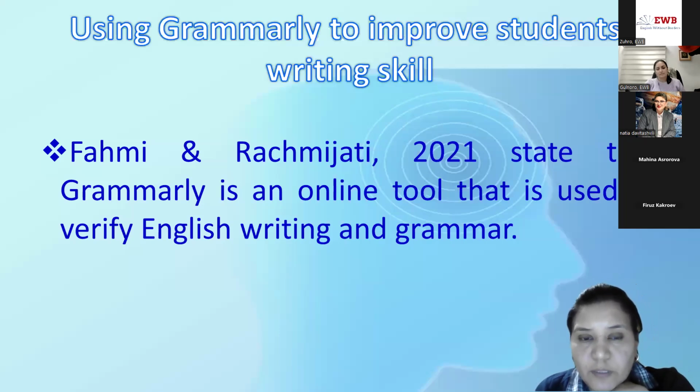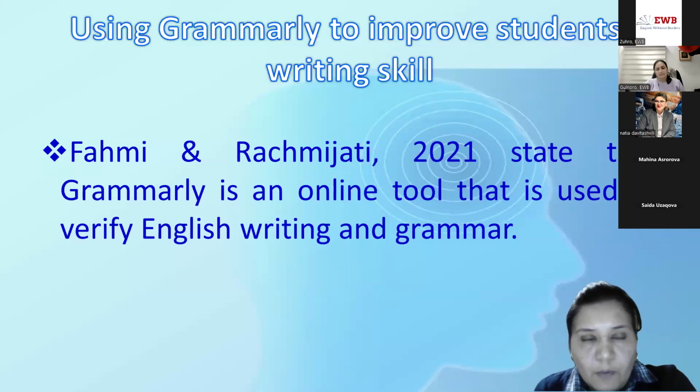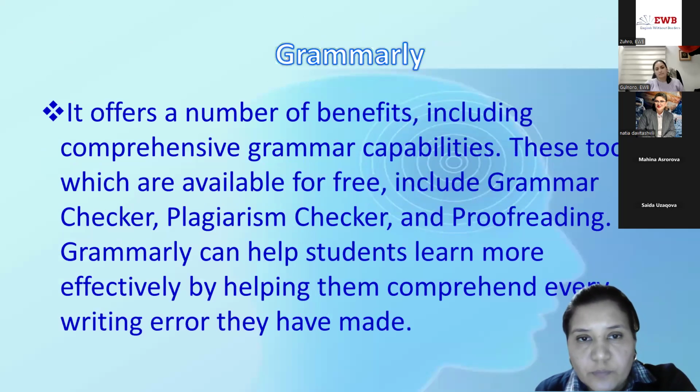And also in this AI platform, Grammarly, you can check your grammar mistakes. If you type your ready work, you can check grammar mistakes and also paraphrase. Some scholars mentioned that Grammarly is a tool used to verify English writing and grammar, and one of the benefits includes comprehensive grammar capabilities available for free.